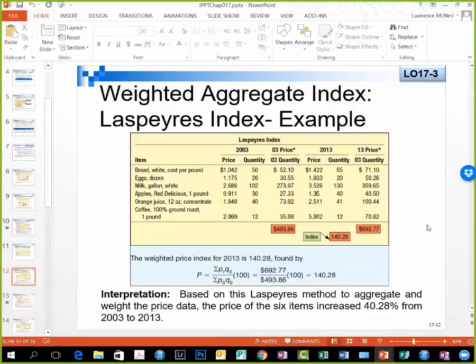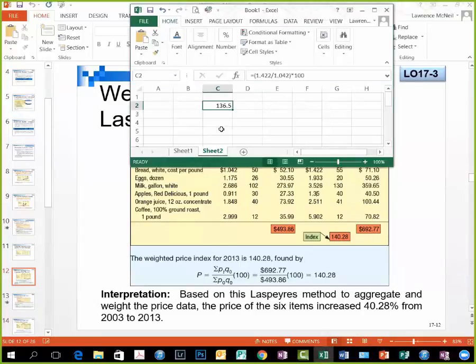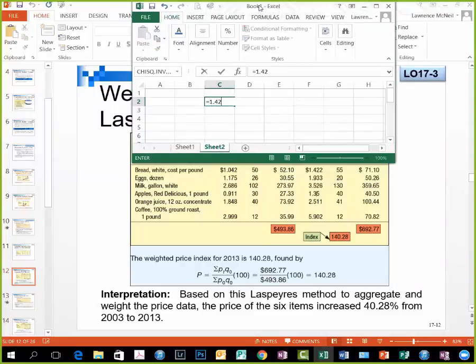Okay, so look at our formula again, Pt times Q0. Pt is the price in the current period, so that'd be $1.42 times Q0, which would be the quantity in the base, which would be 50. So that $1.42 times 50 is what we're talking about. So if I do that math, 1.422 times 50, all right, 71.1, and that's right here.